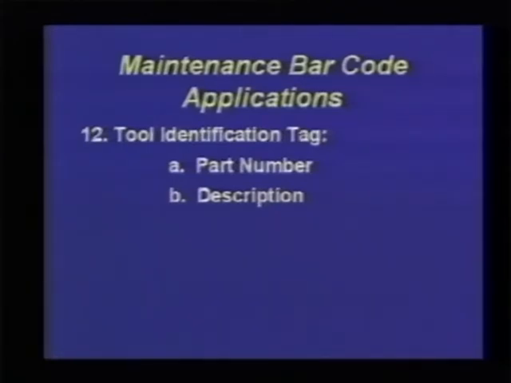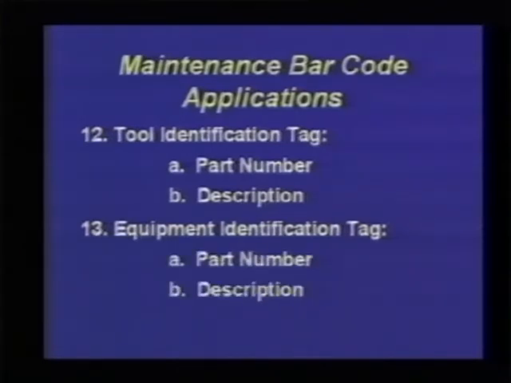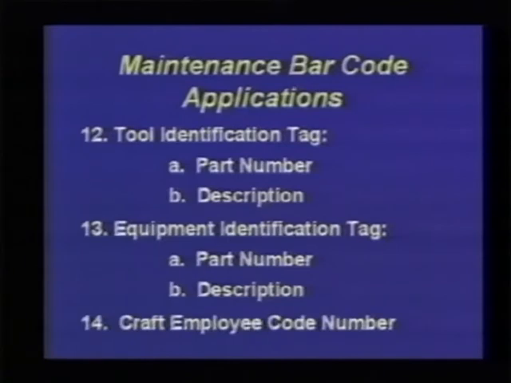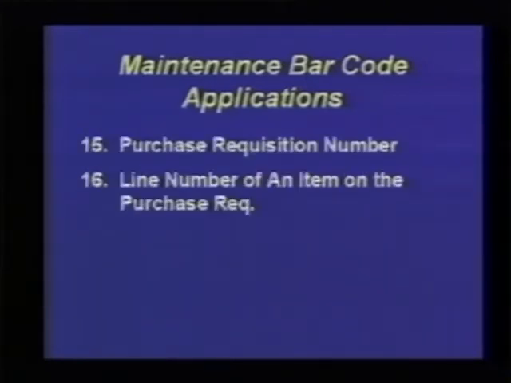Now, going over to page number 9, we have the special equipment tag, which is identical in use to the special tool tag. And then we have the craft employee code number that can be barcoded, the purchase requisition number, the line number on the purchase requisition if there's more than one.